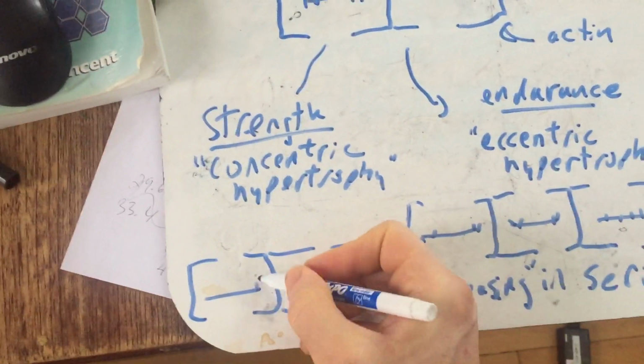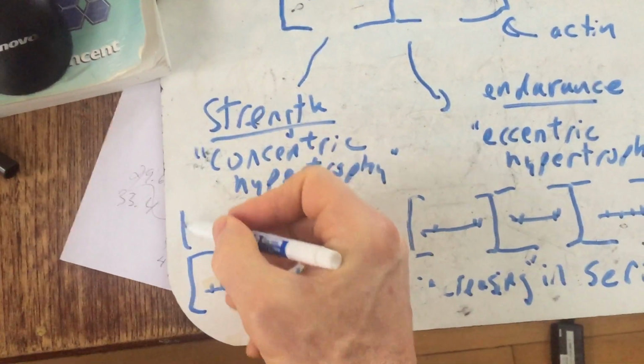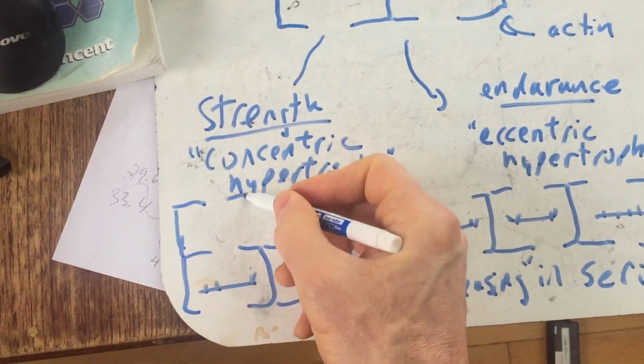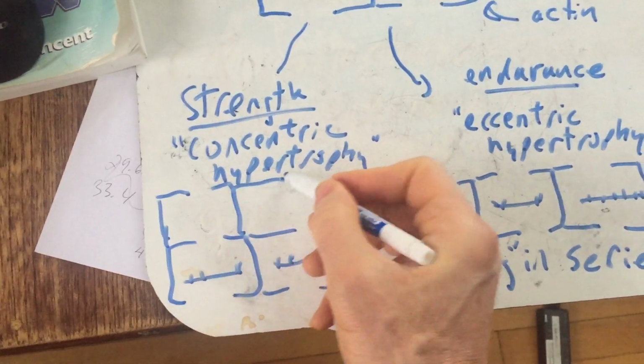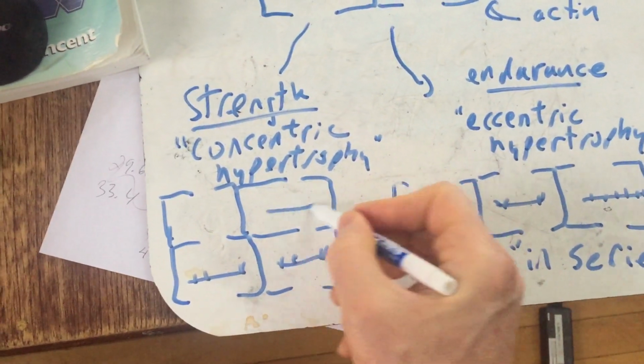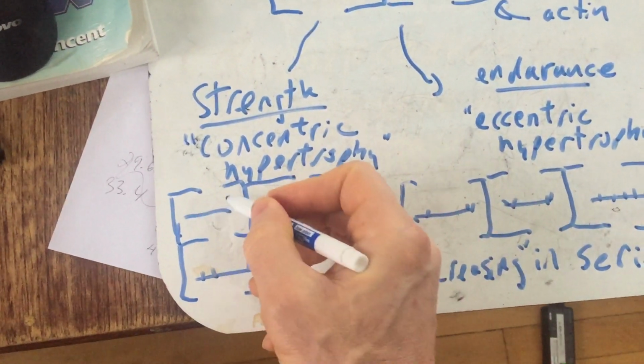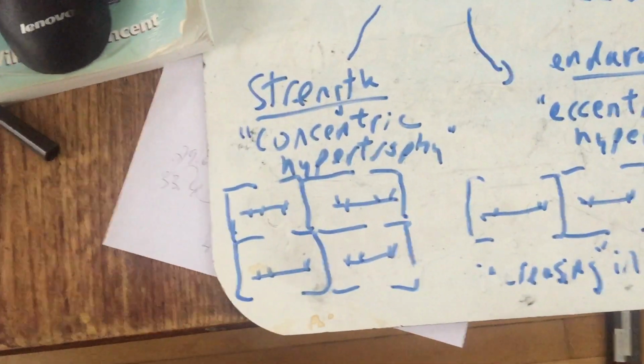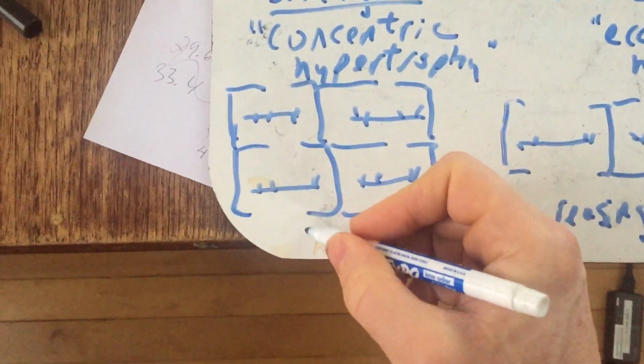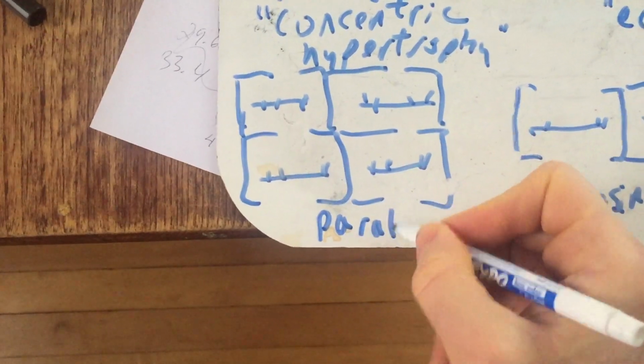So they actually get stacked on top of each other. They're increasing in thickness. So there's your actin and your myosin. This is an increase in parallel.